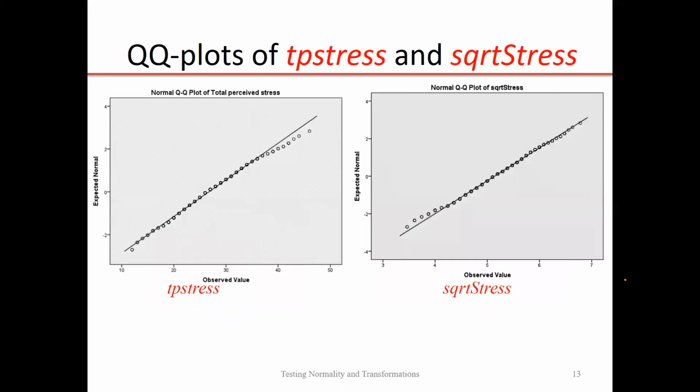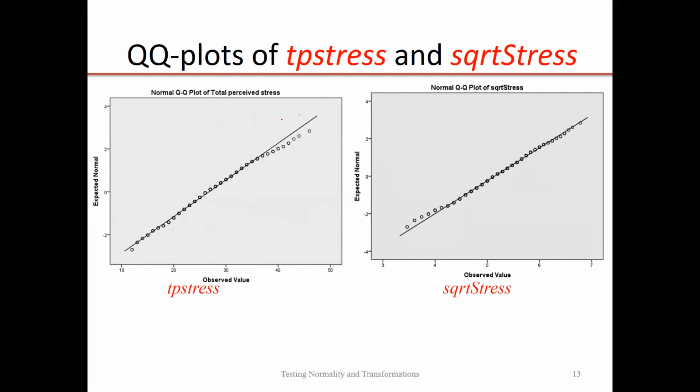Now this is the probability plot. The probability plot is the QQ plot. I told you how this plot is constructed: actual data is taken on the x-axis in ascending order, and normal scores are on the y-axis. If the data lies on the straight line, we can say that the data is normally distributed.